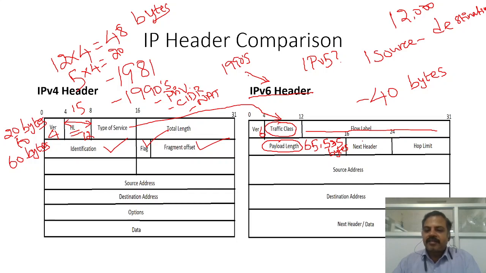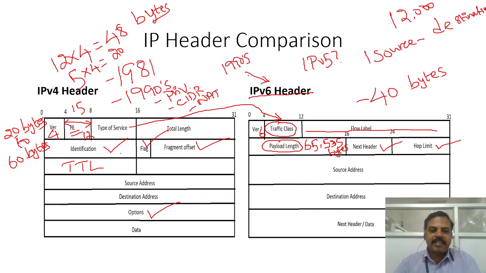Then, like the options field we are having in IPv4, here we are having the next header. This next header field supports fragmentation and other options that we are going to see in a separate video. Then here we are having the hop limit. Hop limit is nothing but the TTL field, time to live: how many routers a packet can cross.